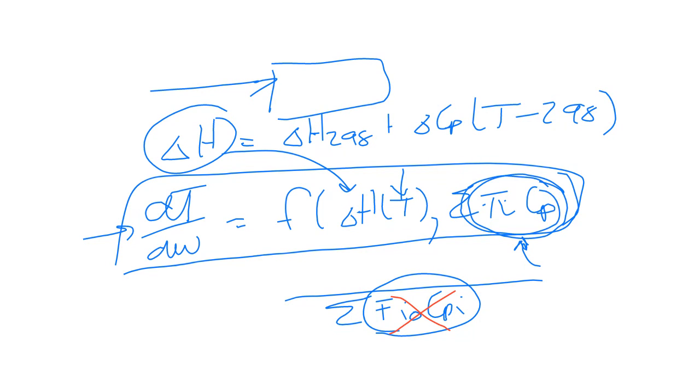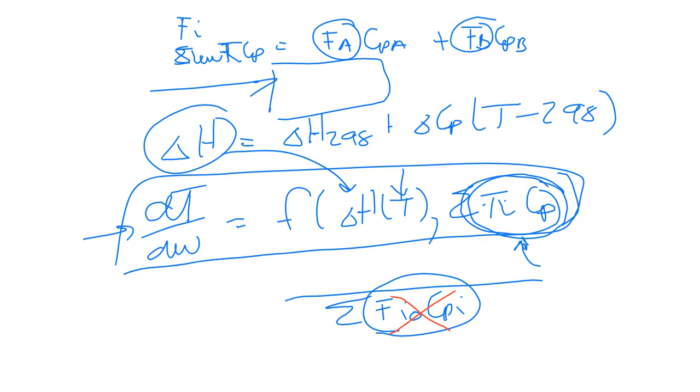Also, for your sum of FI Cp, once you have all your FIs for each step, you can calculate it as FA CpA plus FB CpB. This changes slightly along the length of your reactor because the Cp values do not match the mole masses. Let me check the comments that you wrote if you've got questions.